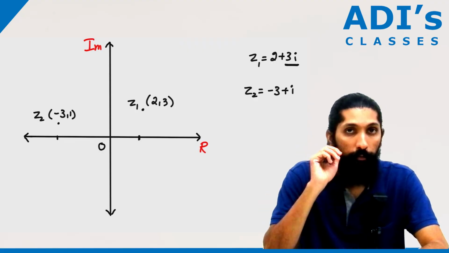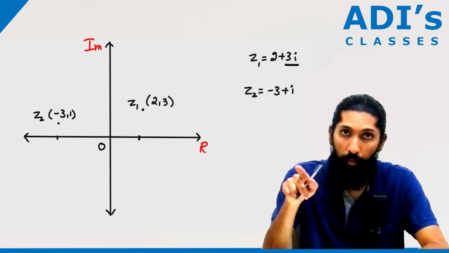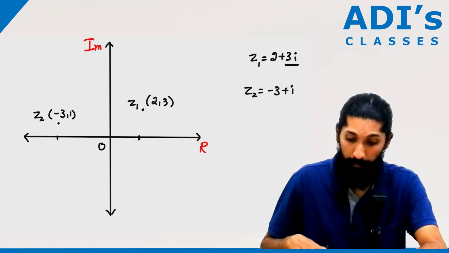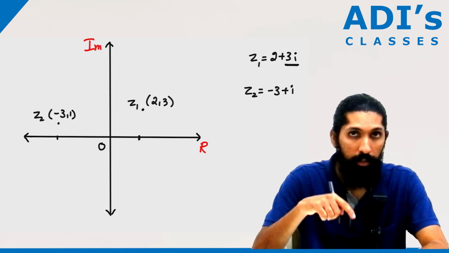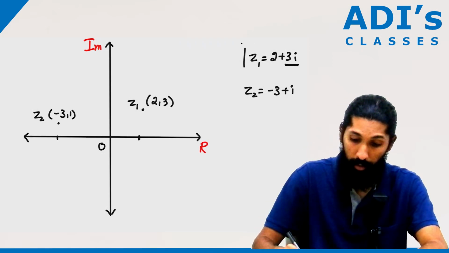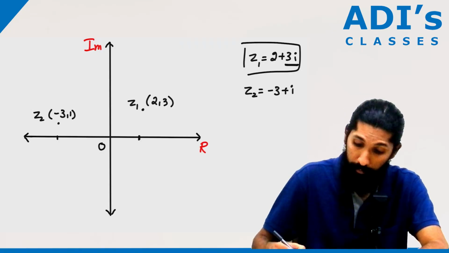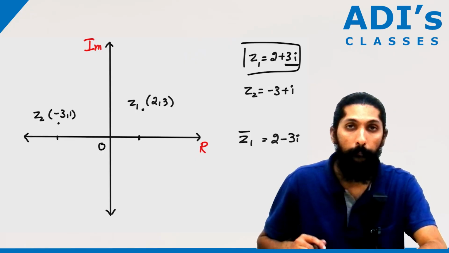Now if you remember, we had two important things, conjugate and modulus, correct? Now guys, look at the figure. You have z1 is 2, 3. That means z1 is 2 plus 3i, correct? What is the conjugate of z1? z1 bar is equal to 2 minus 3i, isn't it?